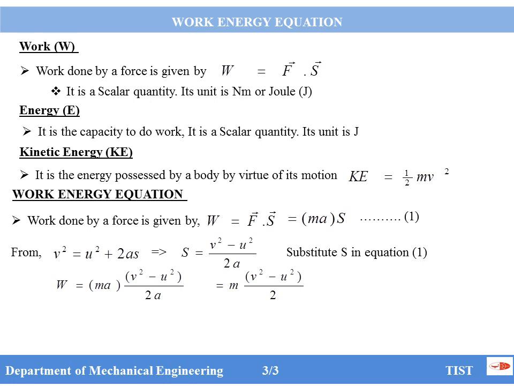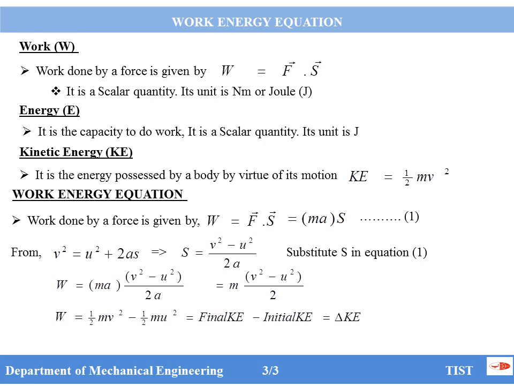Now if I rearrange this equation, I will get W equal to half m v square minus half m u square. Now what is half mv square? V is the final velocity, u is the initial velocity. So half mv square is the final kinetic energy and half mu square is the initial kinetic energy. So the work done by a force is equal to final kinetic energy minus initial kinetic energy, or you can say the change in kinetic energy, right?